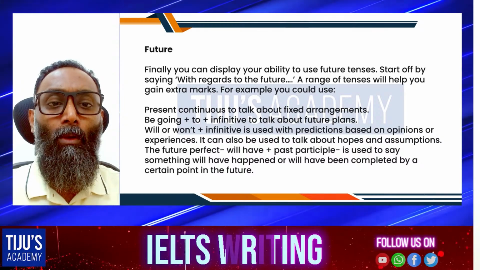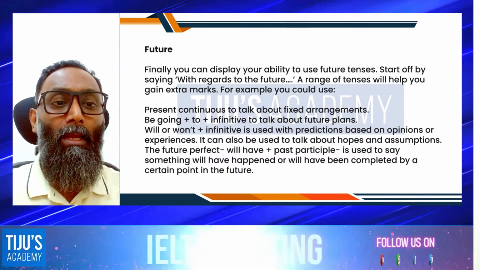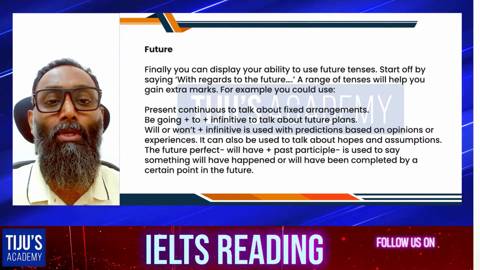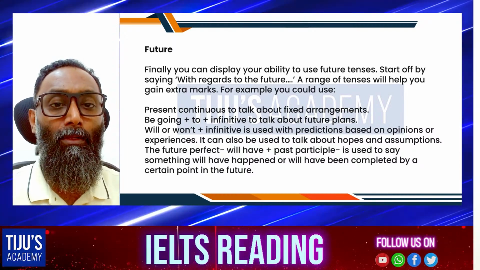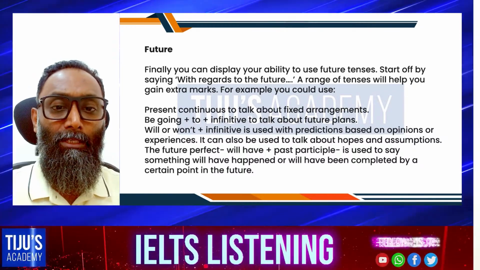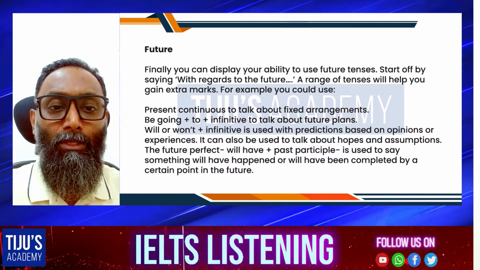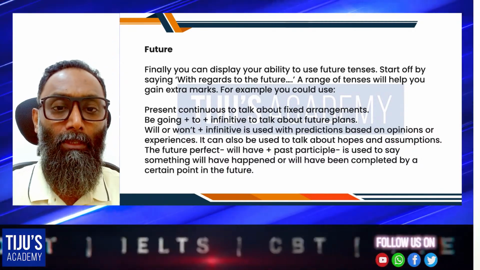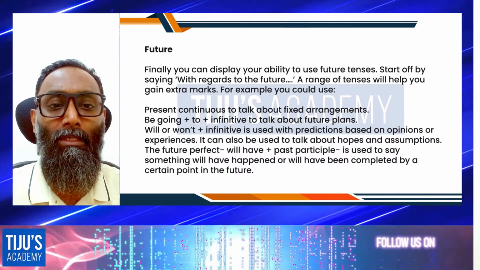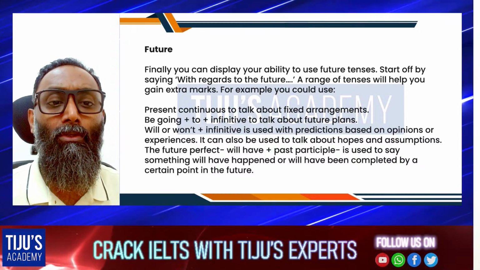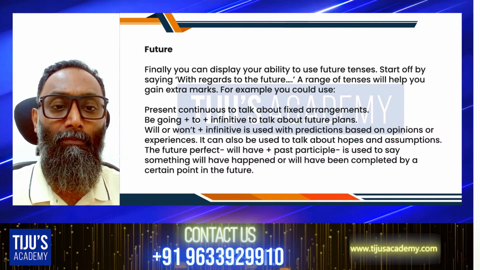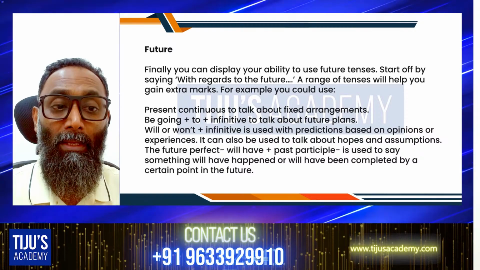Start off by saying, with regards to the future, and then you can use a range of tenses that will help you gain extra marks. For example, you could use present continuous to talk about fixed arrangements, right? Present continuous, like I'm going, or I'll be doing this. That is to talk about your fixed arrangements. Be going plus to plus the infinitive to talk about future plans.